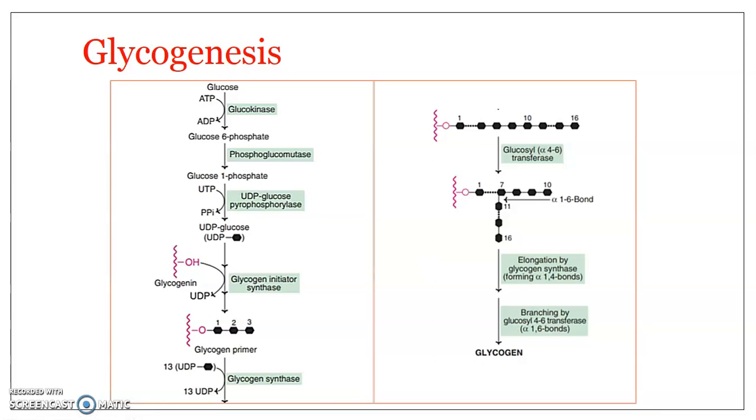So glycogen synthase and glycogen branching enzyme continue and alternate their actions, resulting in the formation of a highly branched glycogen molecule, a glycogen polymer. Branching makes the glycogen molecule soluble and more globular, and it creates more non-reducing ends for the action of the phosphorylase enzyme.